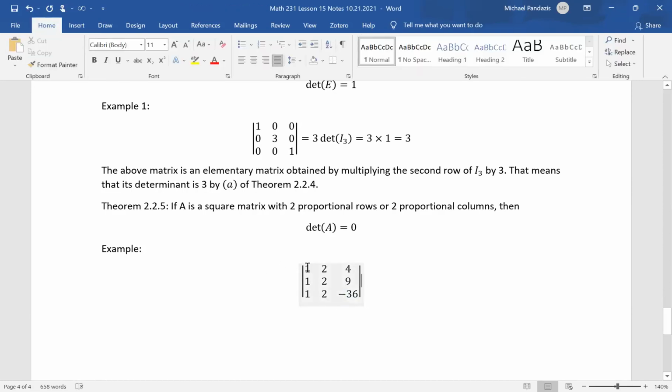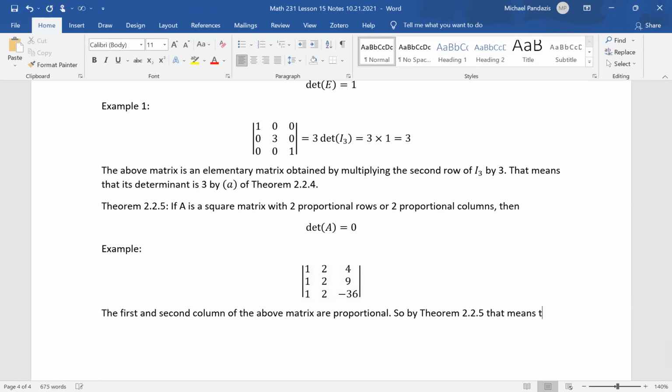Well, the first and second column in this matrix are proportional. The first and second column of the above matrix are proportional. So by theorem 2.2.5, that means that its determinant is 0.